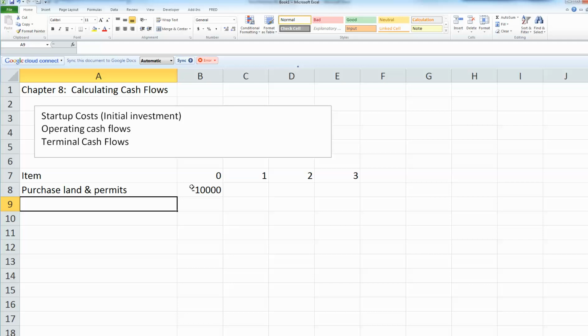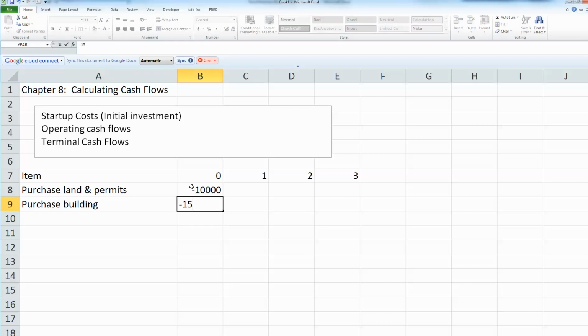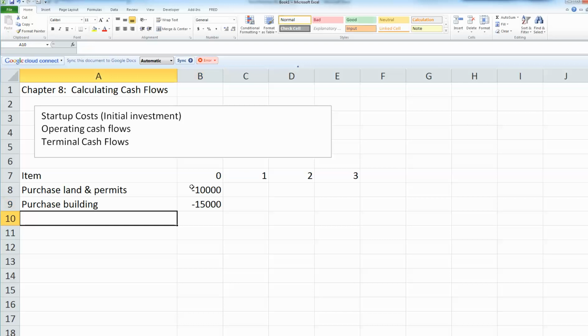I also, in Part B, under Startup Cost, will purchase a building, and it tells me that will cost $15,000, so I'm making it an outflow, and that it's also depreciable. So I just need to remember that this is depreciable. And I'm going to write it off using straight line depreciation over a 15-year time period to a salvage value of 0.